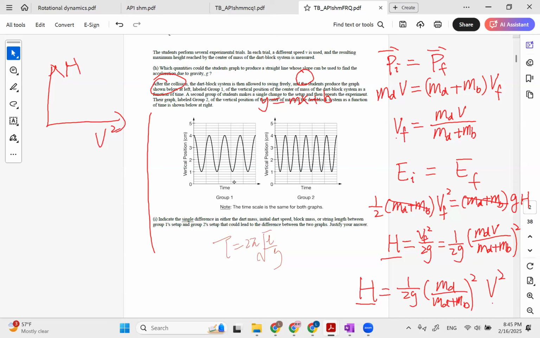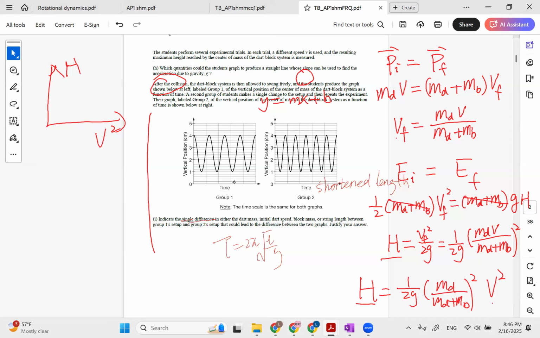In group 2, is it shorter? Is it the length? This will be shorter, right? This will be shortened, right? So it says to indicate a single difference.